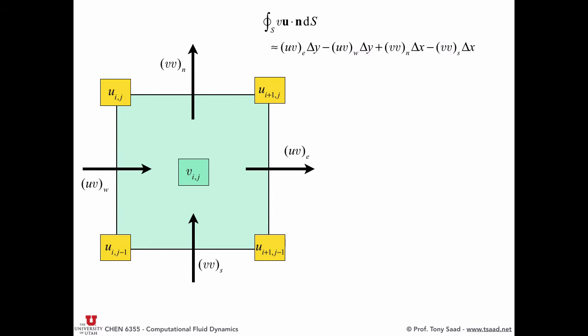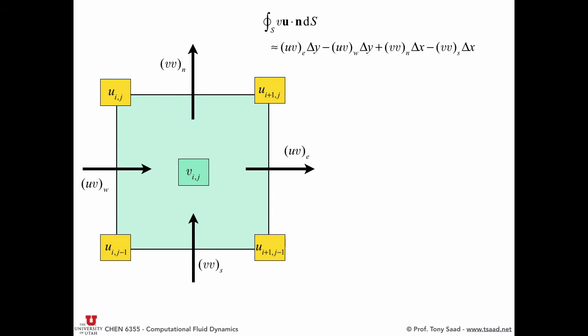So what do we need to compute to get this whole thing calculated? Yeah, U east, V east, U west, V west, V north, and V south. Six quantities. So what is U east?